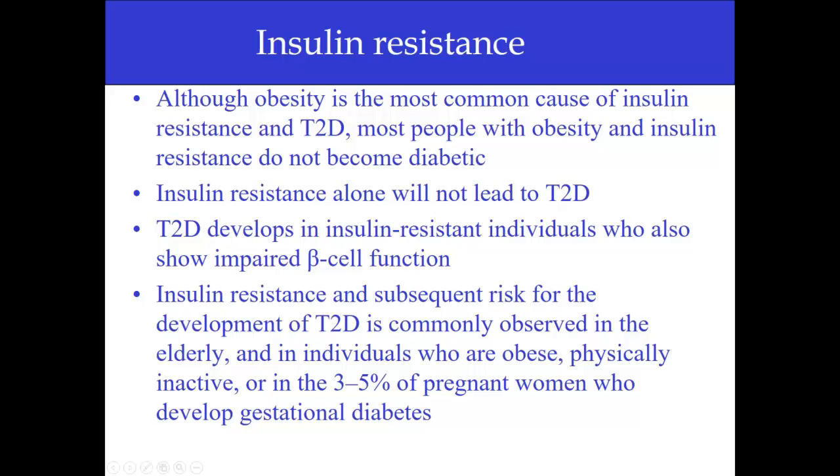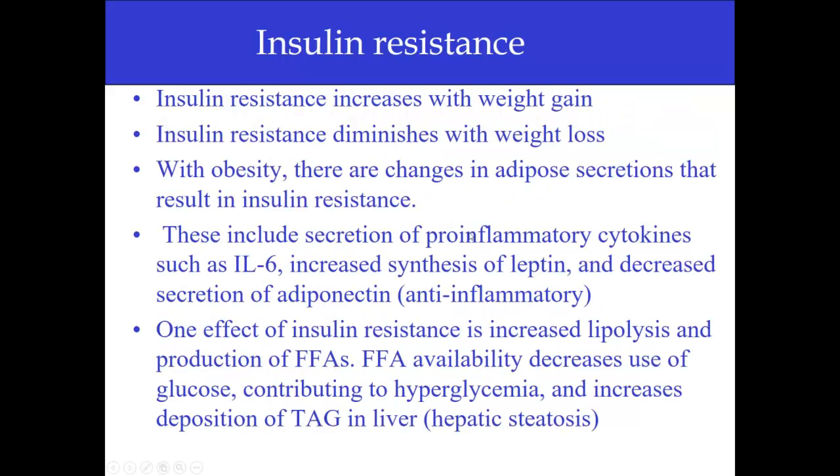And also the risk increases with time. This is why you will see type 2 diabetes in the elderly and also in individuals who have been obese for a long time, those who are physically inactive, and you see it in some pregnant women who developed gestational diabetes. Insulin resistance is related to weight. It increases with weight gain and it is diminished with weight loss.